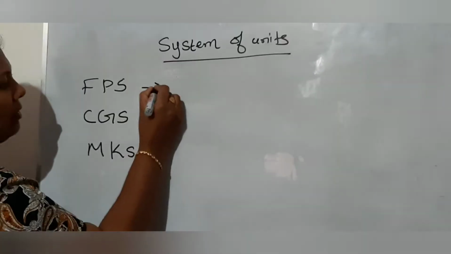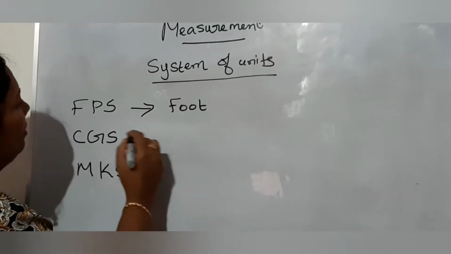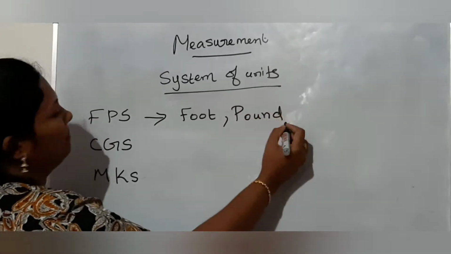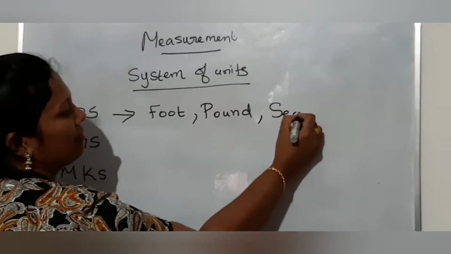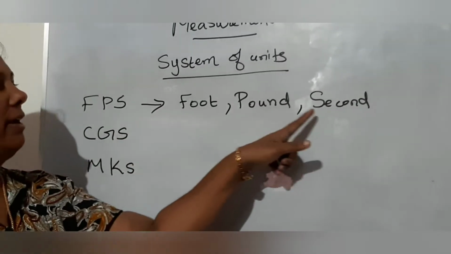Here in this FPS system, F represents foot, P pound and S second. So FPS is foot, pound and second.